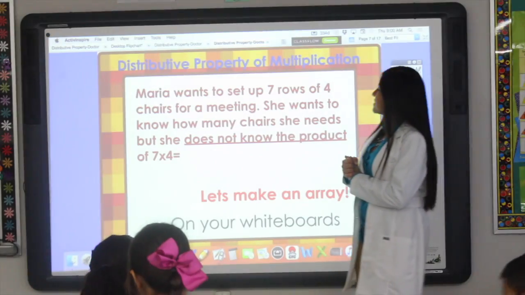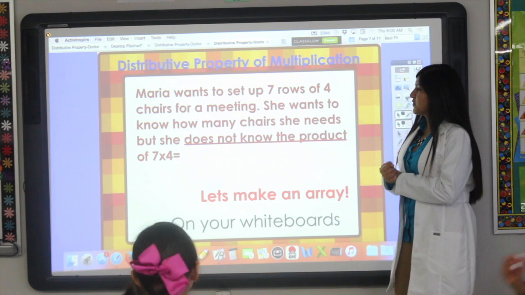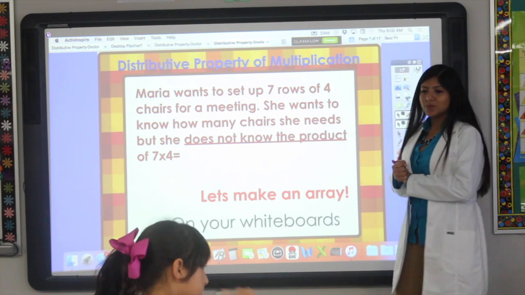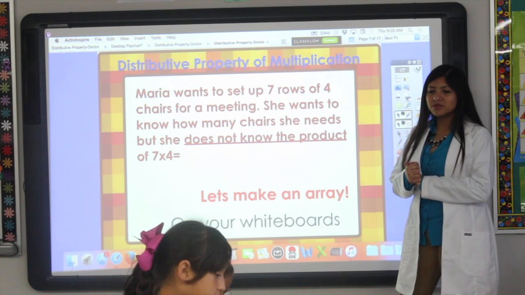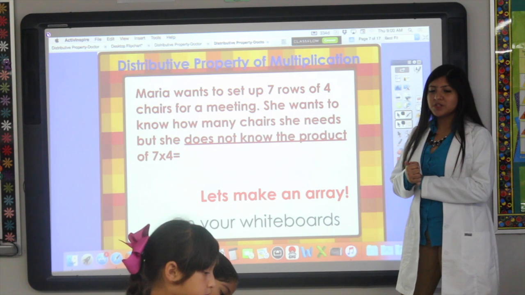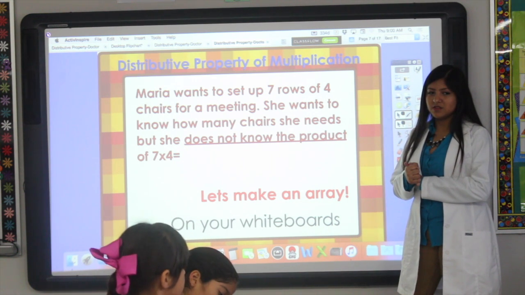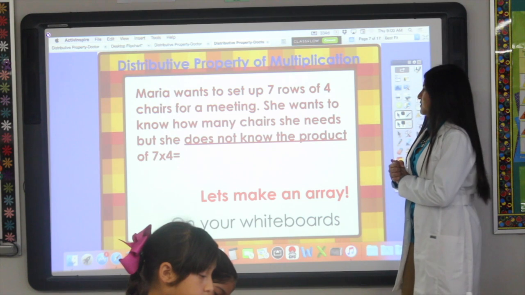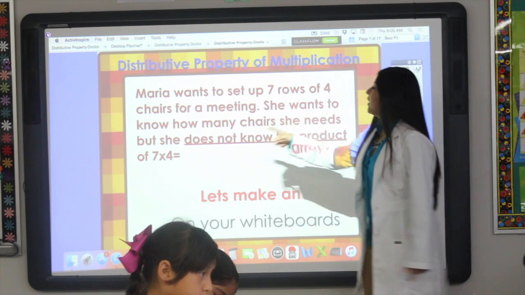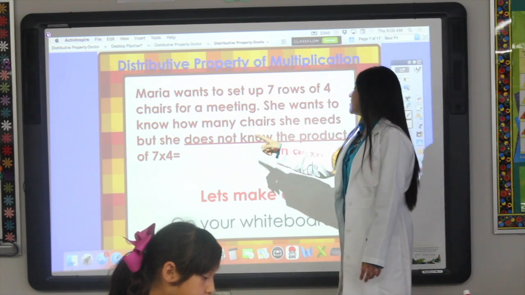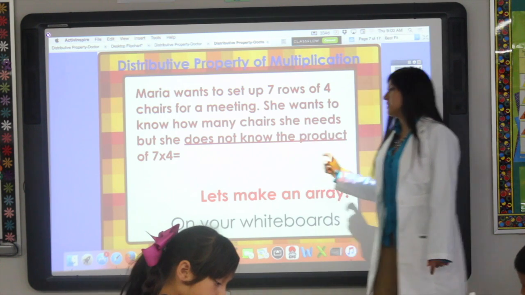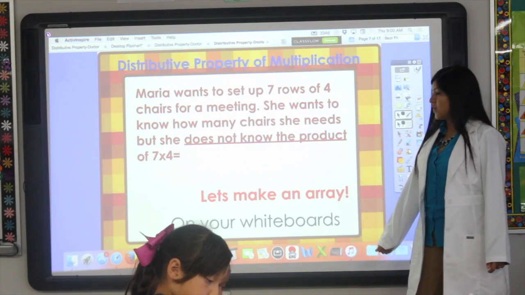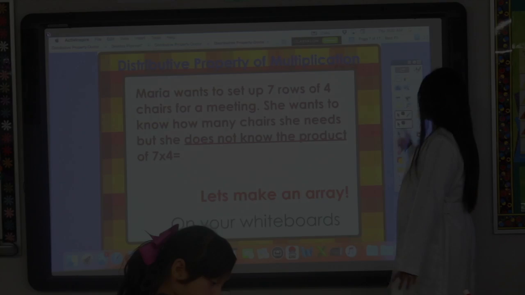So Maria wants to set up 7 rows of 4 chairs for our meeting. So write it on your board. 7 rows. First we're going to write the multiplication sentence. 7 times 4. She wants to know how many chairs she needs, but she does not know the product of 7 times 4. So we can make an array.